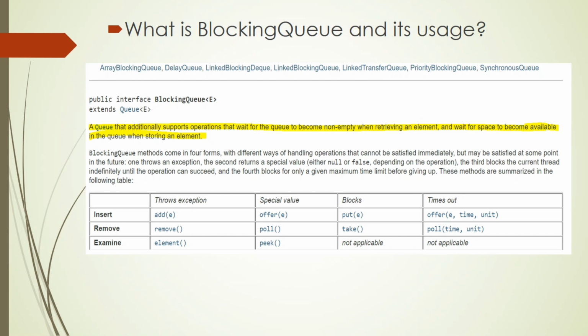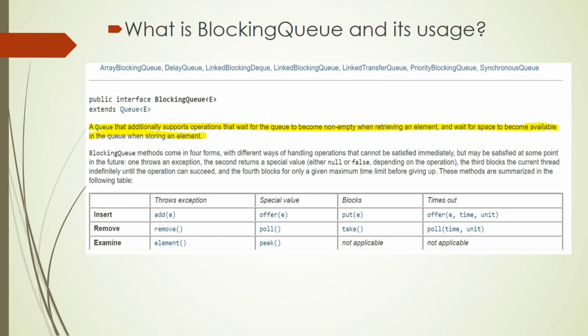A queue, as you know, is one in which from one side we can insert and from the other side the data can be pulled out. But the basic difference between a normal queue and a blocking queue is that it has a fixed length, so in case the size is full, the other thread which is inserting into this blocking queue will have to wait.